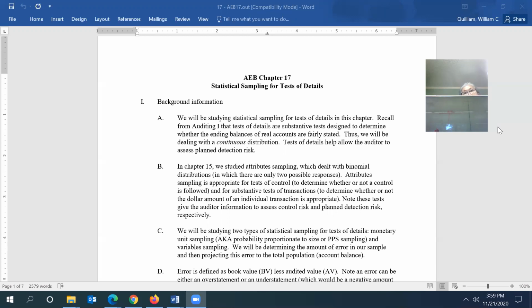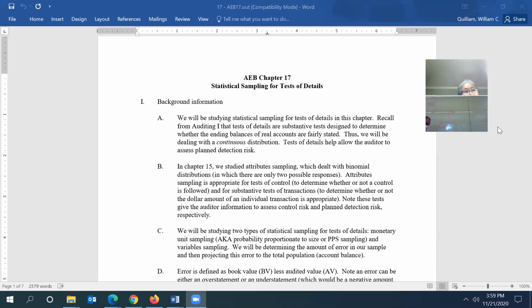Well, this ending balance in here, as well as the ending balance in each individual customer's little account receivable, which looks just like this, that number could range, theoretically, from even less than zero if the account has been overpaid, up to infinity. So it's a continuous distribution here. And in tests of details, we're trying to find out what is the correct ending balance. So that is what we're worried about there.